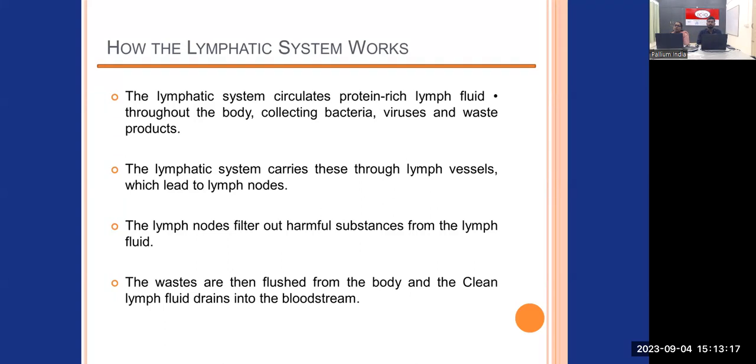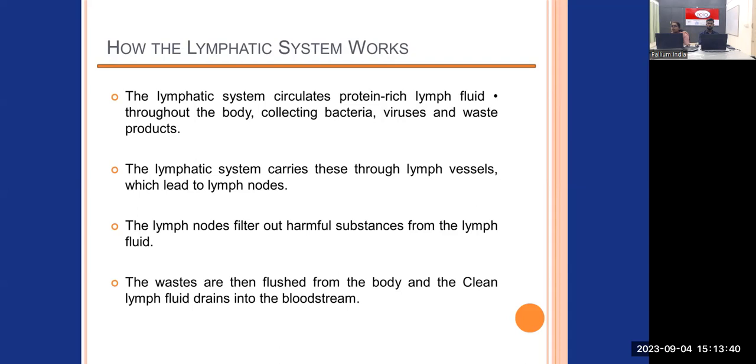When the lymphatic capillaries absorb this protein-rich fluid from the interstitial space, it goes to the lymphatic vessels. Throughout the lymphatic vessels, there will be lymph nodes. What is the major function of a lymph node?